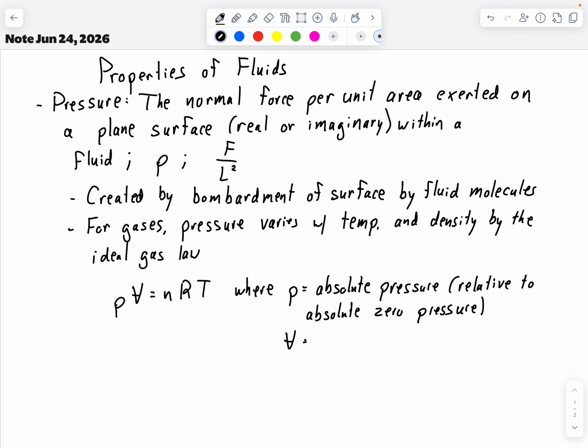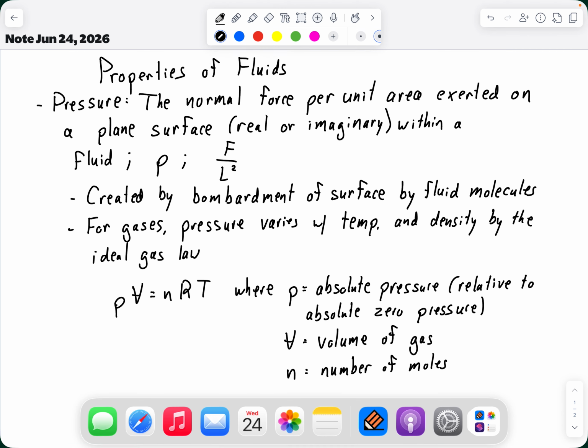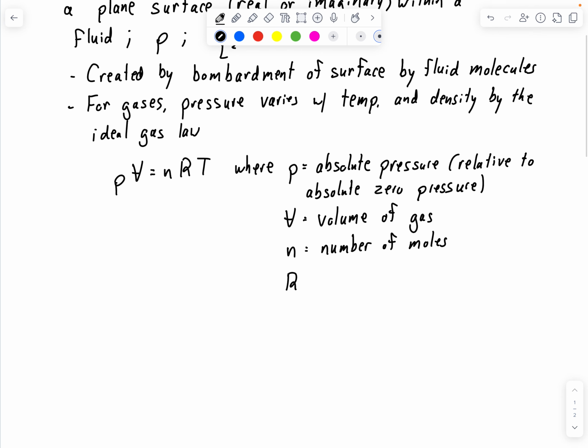V with a crossbar through it is the volume of the gas. n here is the number of moles. Your capital R here is the universal gas constant.